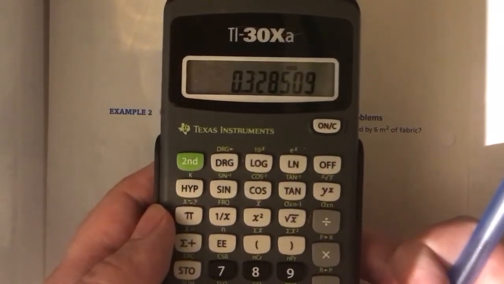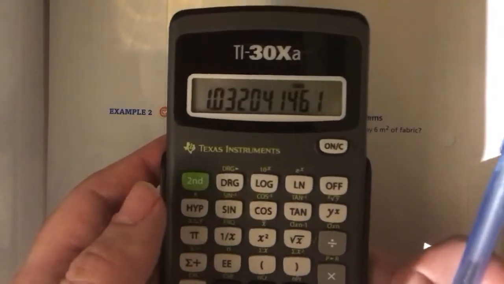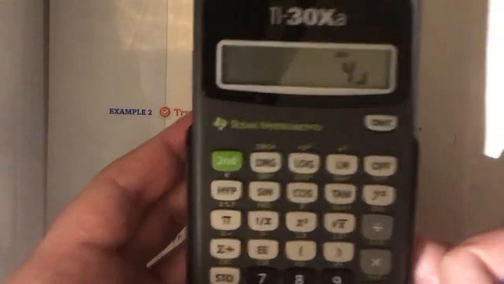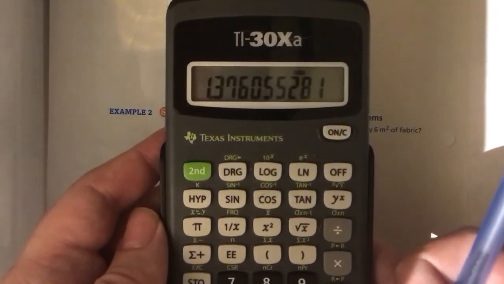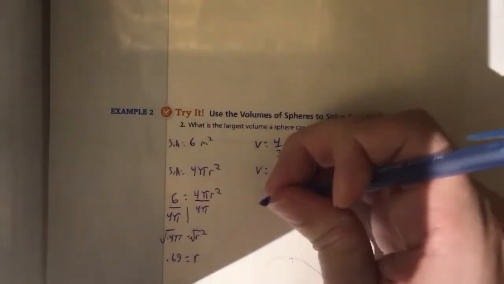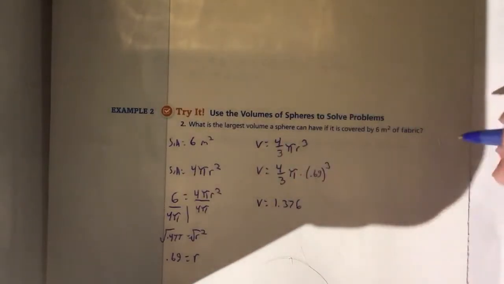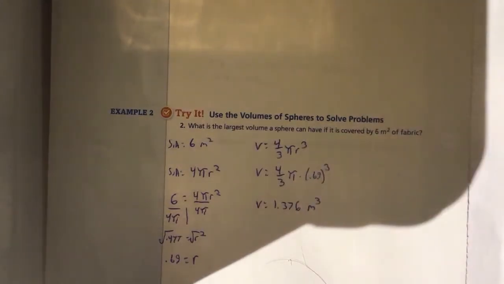That gives me 0.328509 times pi, and then times 4/3. And I'll just do that as a fraction, 4/3. Or you can multiply it by 4 and divide by 3. And I'll get 1.376. And units would be meters cubed.